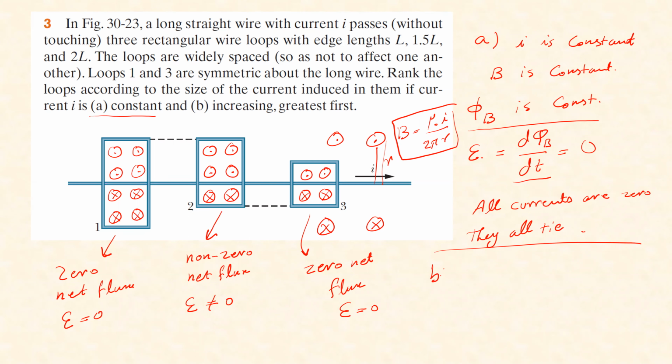In part B, I2 is greater than I1, which is equal to I3, equal to 0.